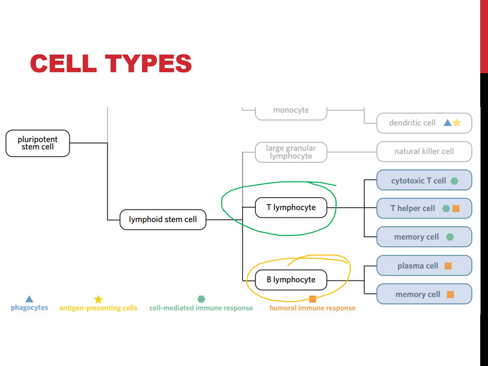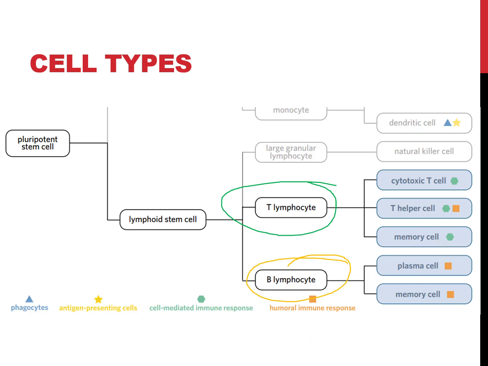So if we look at the T lymphocytes first, you have the cytotoxic T cell, not to be confused with natural killer cells, which a lot of people do. You have your T helper cell, which is probably the most important cell in the whole entire response. And then, of course, T memory cells.